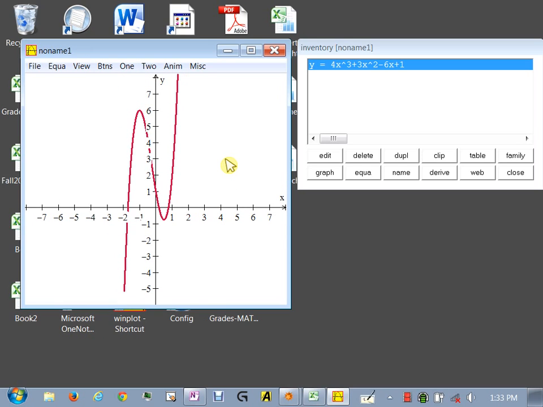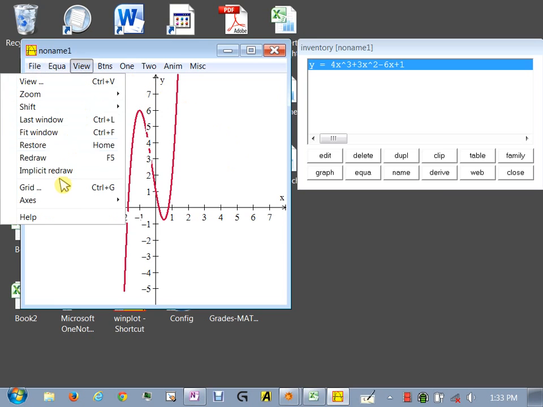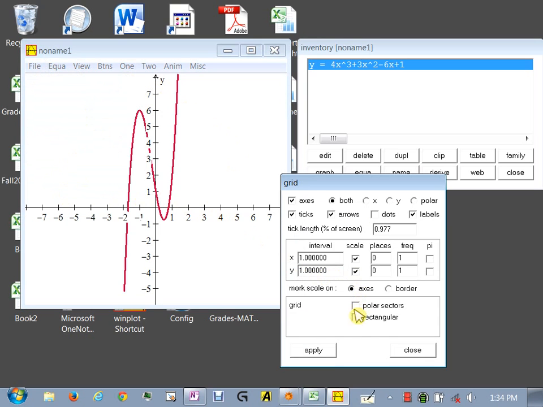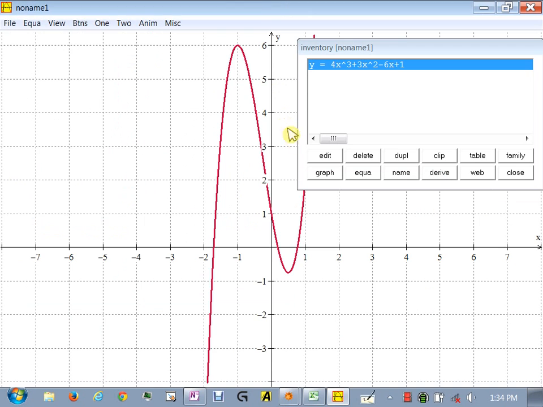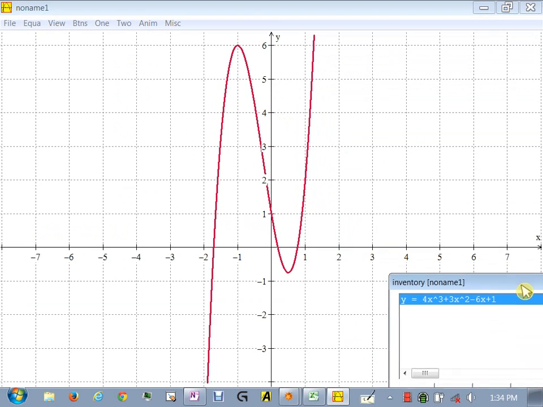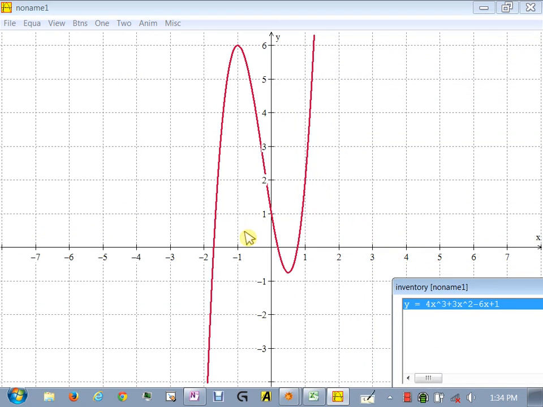It looks like, it's hard to see this. Looks like I have a local maximum happening at -1, 6, and a local minimum happening at 1/2.